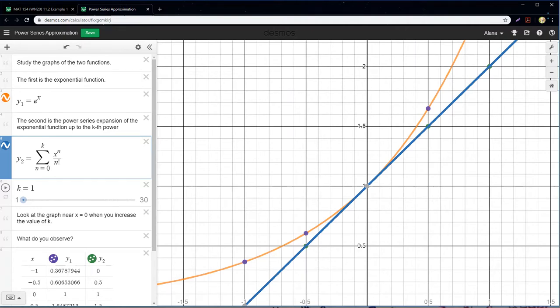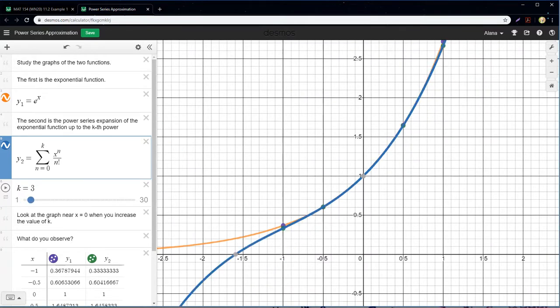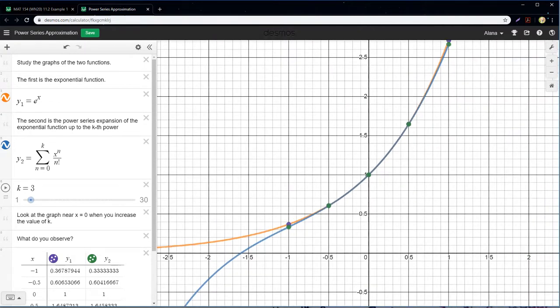So then if I take k and I let there be more terms in this polynomial, then what's happening is, look, here I'll go to 3 because that's the other picture you have. Now look at how the curve is on top of that yellow e to the x curve.